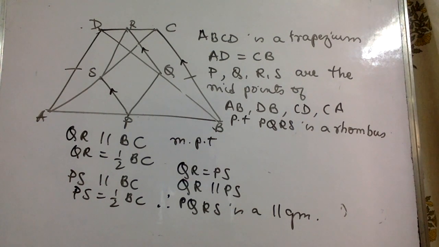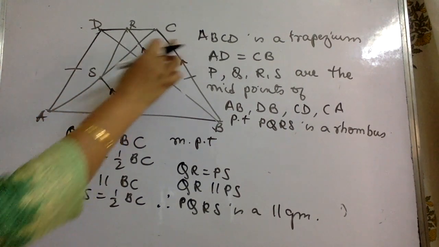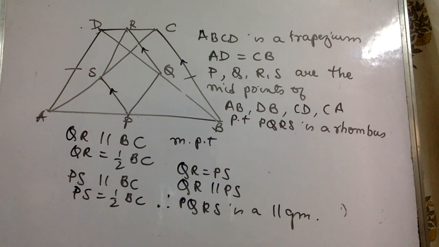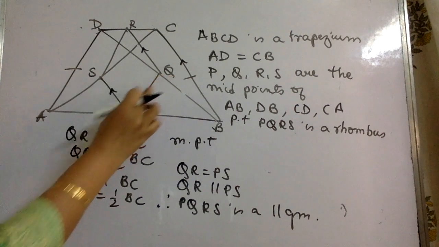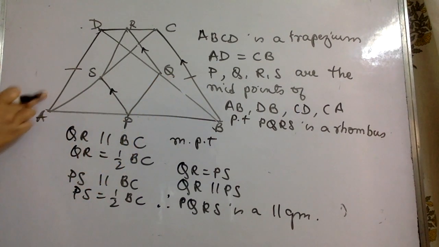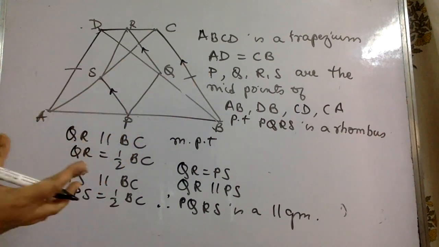Now we can try out the second thing with two more sets of triangles. QR is equal to half of BC, and one more thing that we can do now is PQ. PQ is here, that is equal to half of AD, but then BC and AD are equal to one another.